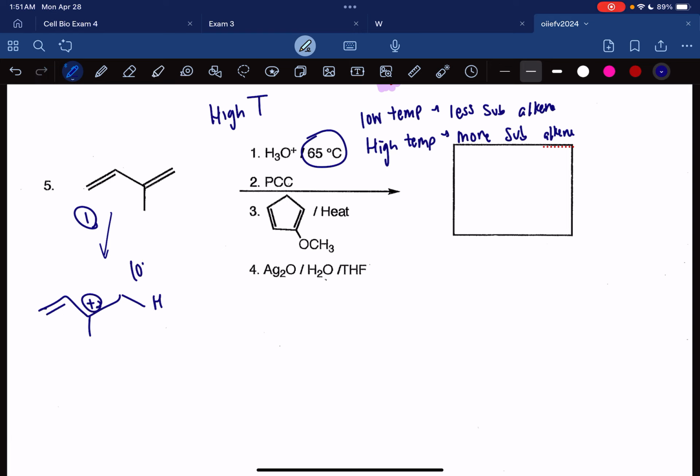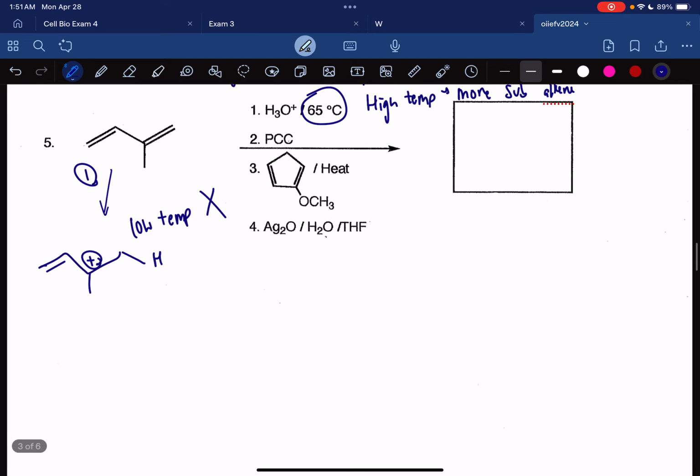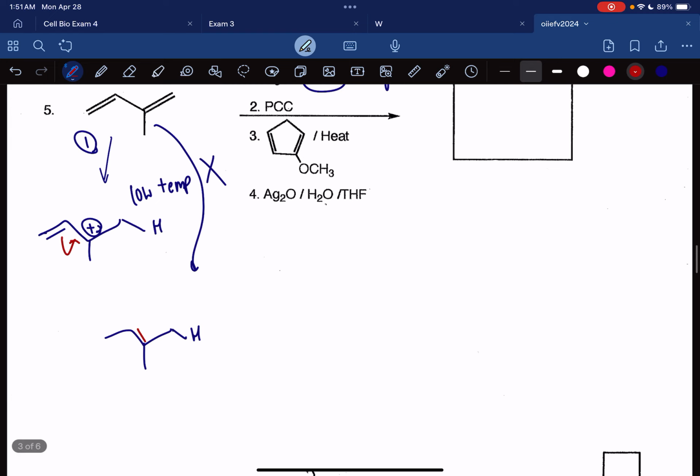This would be the low temp product, so this is wrong for now. But since we're at high temp, we're going to do something like this. We can put the H here, but we kick this alkene up here. So let's say we move this double bond here. Now we have an alkene here and a plus charge here, and this is much more substituted than this. So this is more substituted.